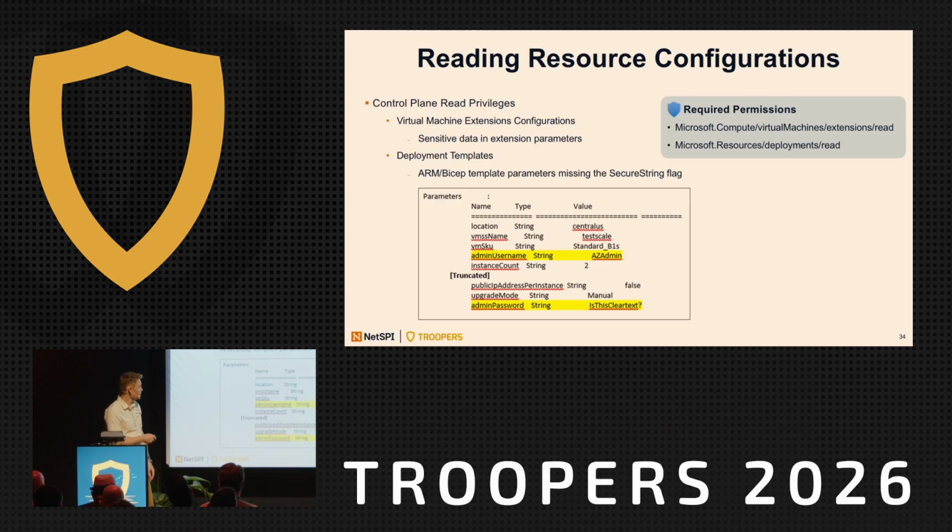And we often find, particularly in older deployments, people seem to get more on top of using the secure string flag, but we'll see clear text strings for things like local admin passwords or other service principal credentials that get put into the deployment itself as clear text strings.